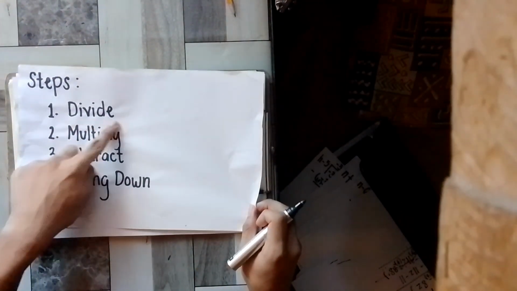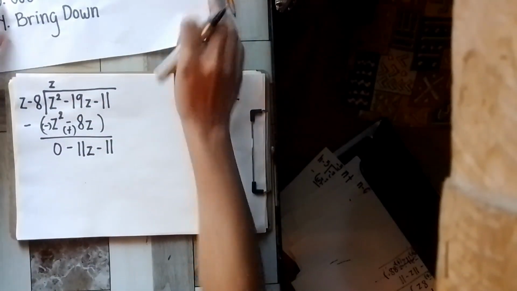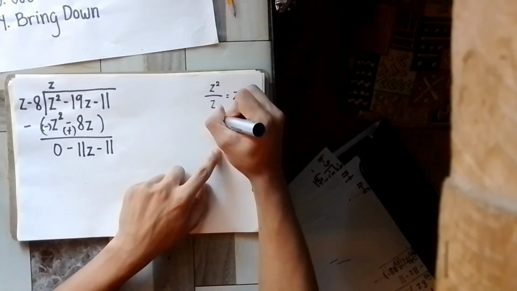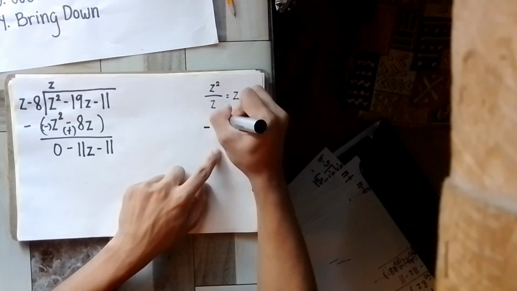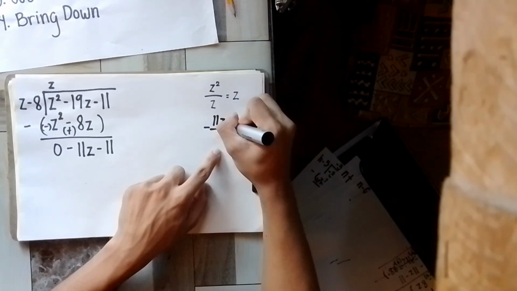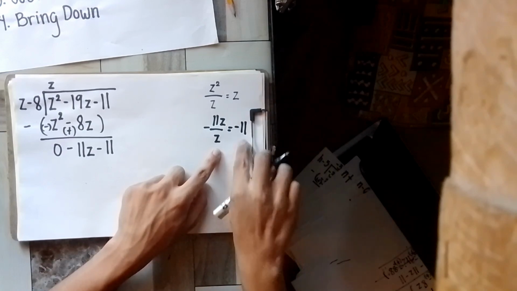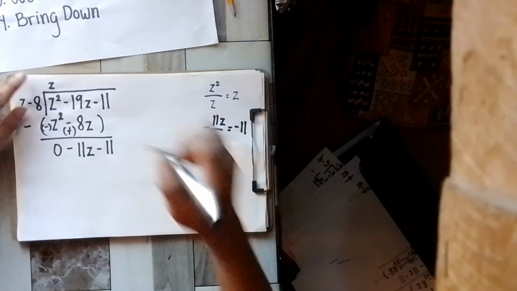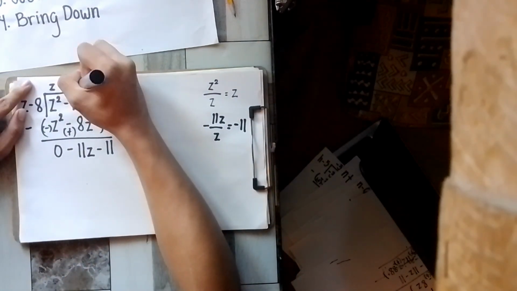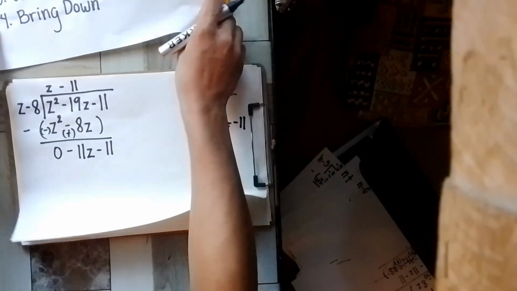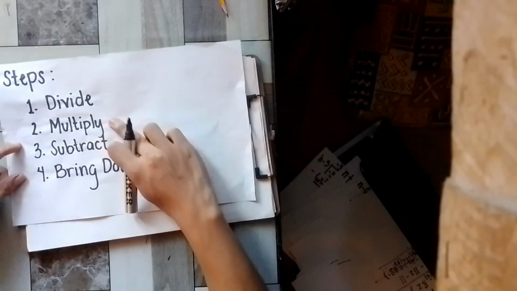Next, we're going to repeat the process, mainly to divide again. We're going to divide negative 11z by z. Therefore, negative 11 is our answer. Now, negative 11 will be our coefficient. The next step is to multiply our coefficient by our divisor.